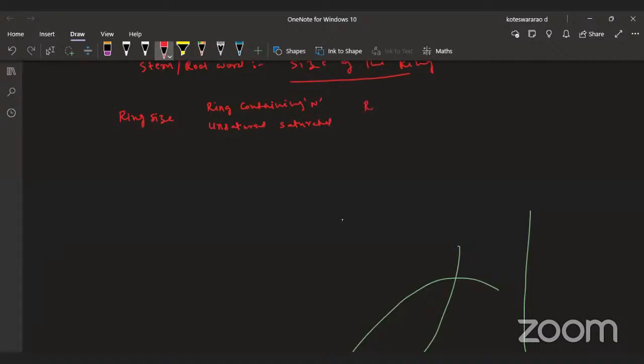Again, the second type is a ring without nitrogen, with other heteroatoms. Here also it may exist as unsaturated or saturated.